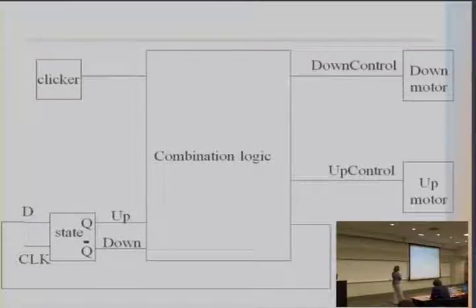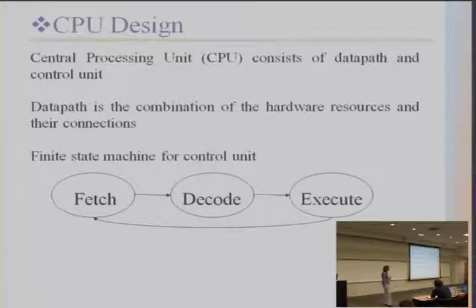And we need the clicker as a signal that tells us to open or close the door. And then here we need to return the next state to our flip-flop. Basically, that will determine is it up or down, and you have a clock to orchestrate the whole thing. Are you familiar with this? You should. You had that before.